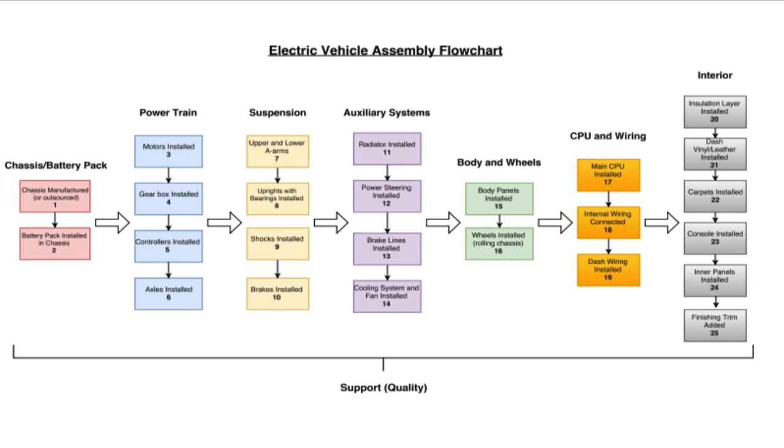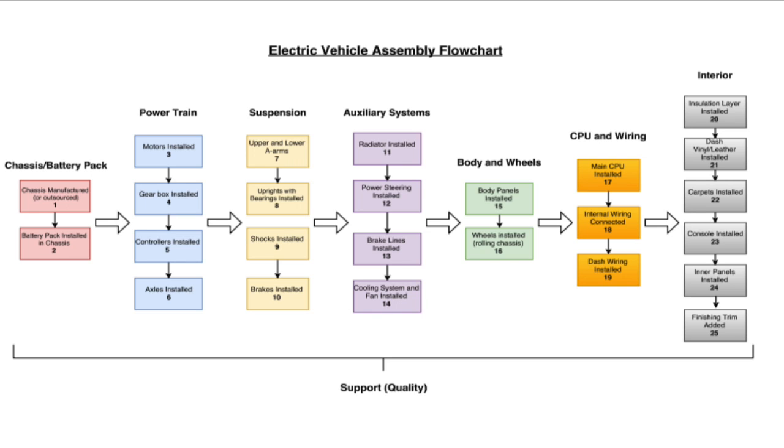After the powertrain department, it moves into suspension, where the upper and lower A-arms are placed on the vehicle, the uprights with the bearings are installed, the shocks are installed, and then the brakes are installed. After suspension, it moves through to the auxiliary systems, which are the radiator, the power steering, the brake lines, and then the cooling system and fan.